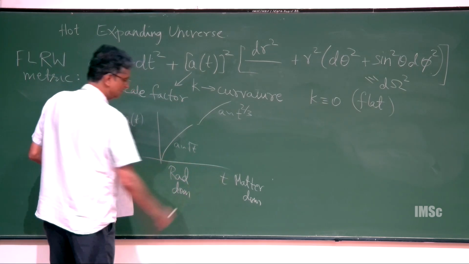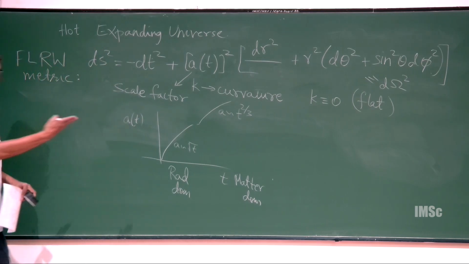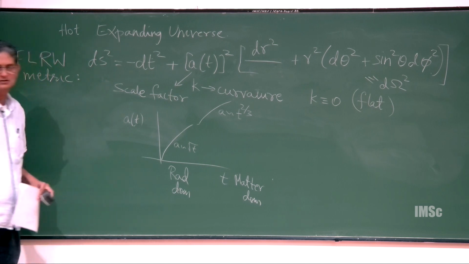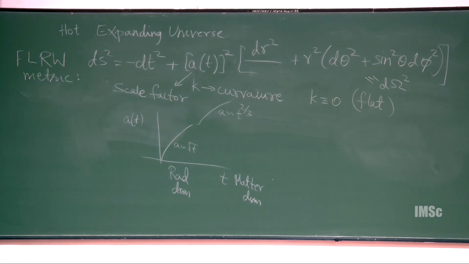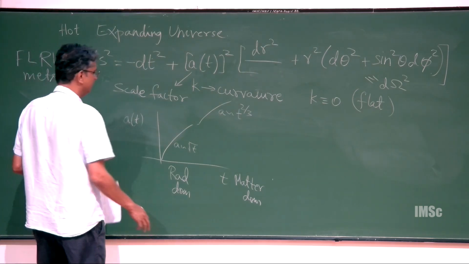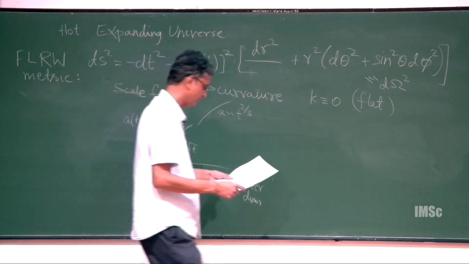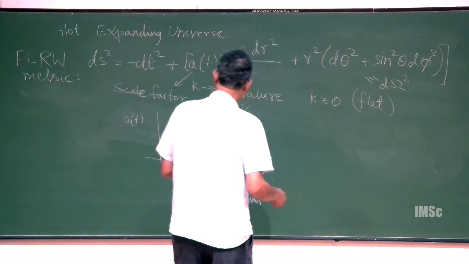And if you fill it with non-relativistic matter, the scale factor will go like t to the 2/3, which will also be an expanding universe. This can be solved for, and I'll write down the equations that relate them in a moment.